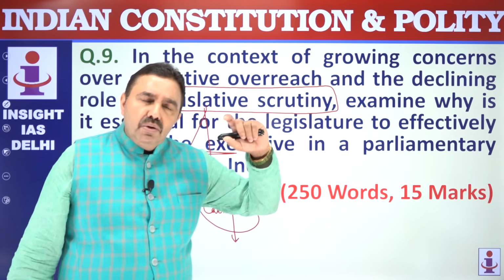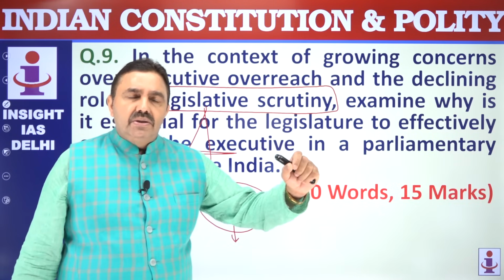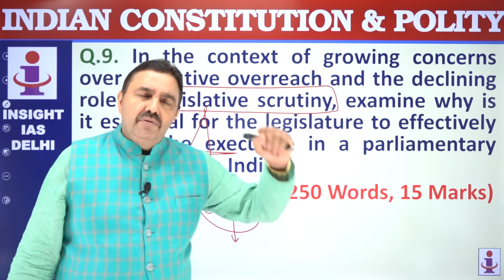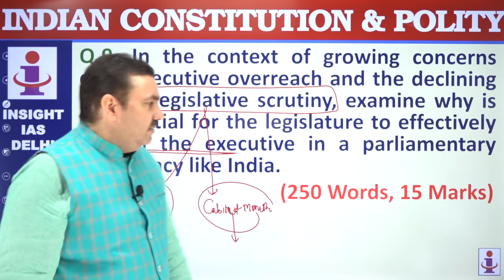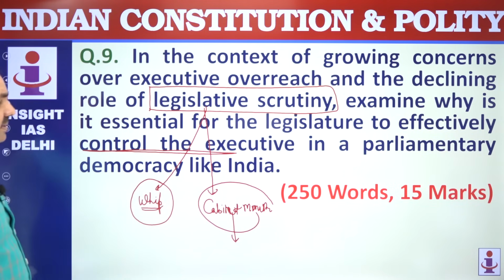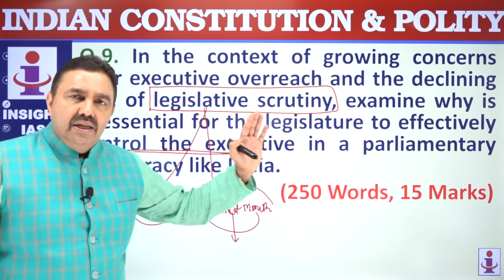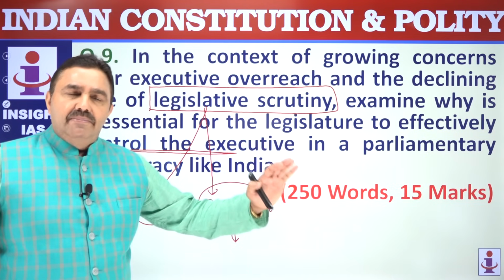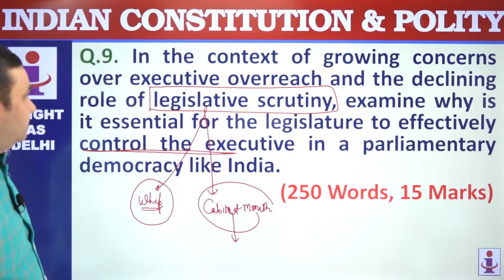So the role of scrutiny, debates, discussions, voting, and suggesting different kinds of motions on the floor of the house becomes important. Without those motions, Parliament cannot really exercise its mandate. Parliament cannot really serve the interests of the people. So write all these things.